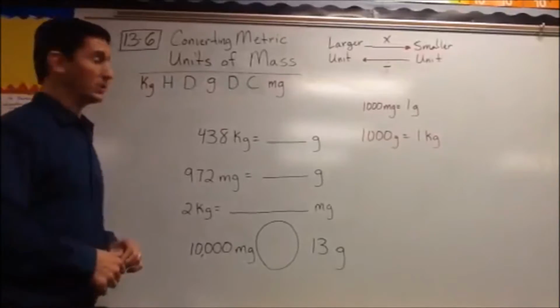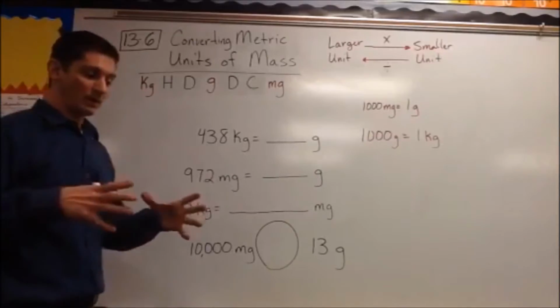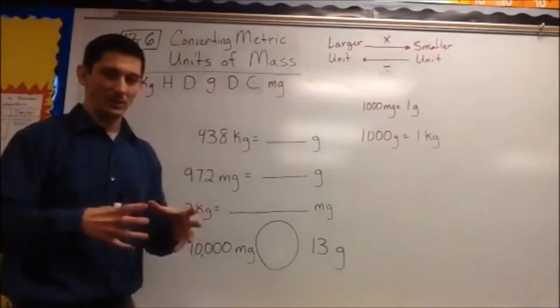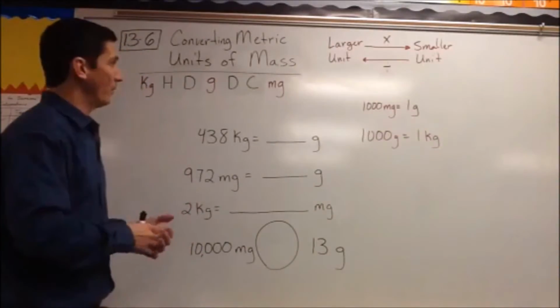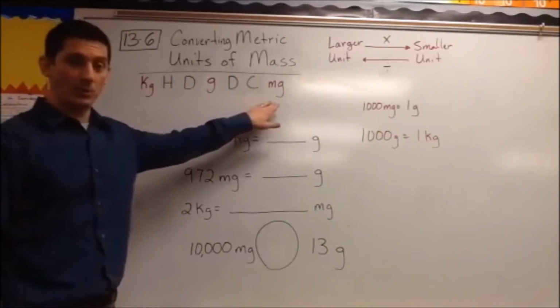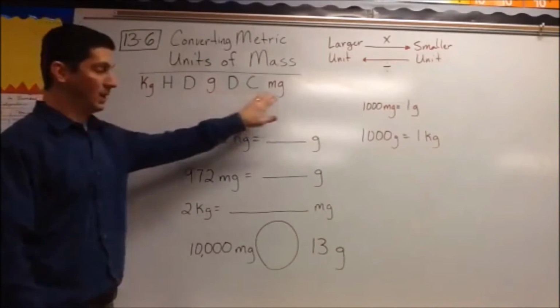This is lesson 13.6, converting metric units of mass. As a reminder, mass is how dense it is, how much stuff is inside of one space. For mass, we're looking at just three different units today: kilograms, grams, and milligrams.